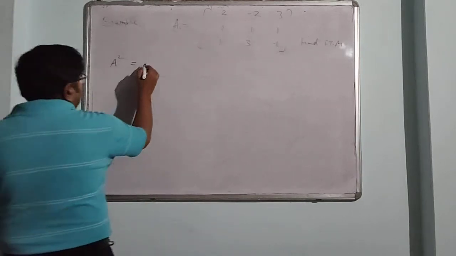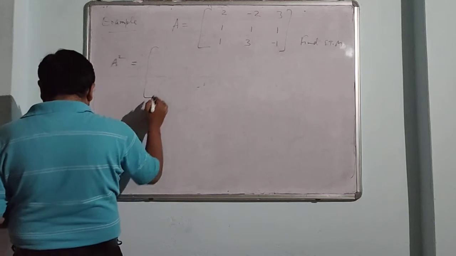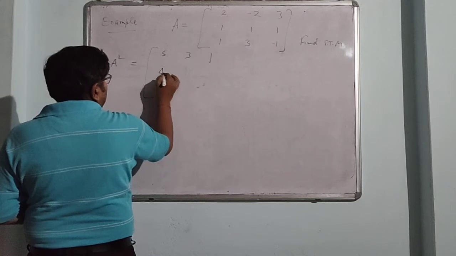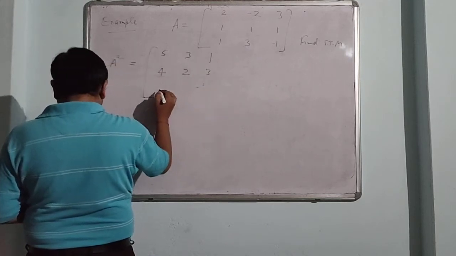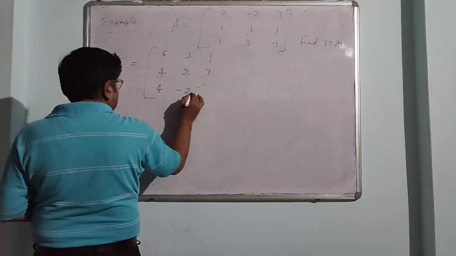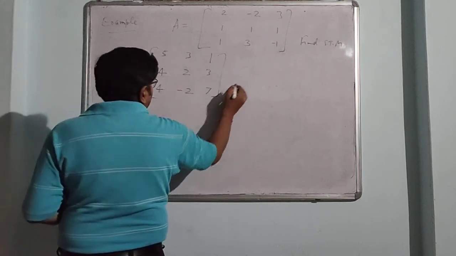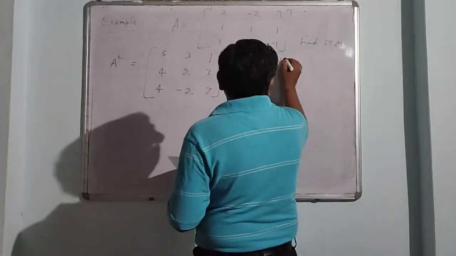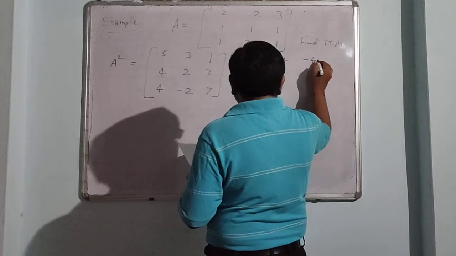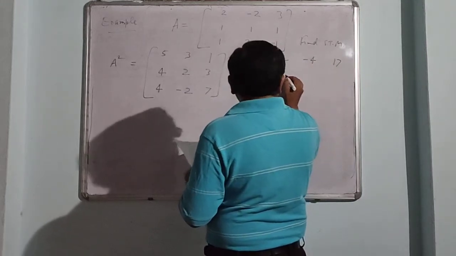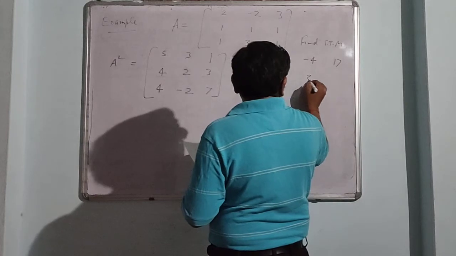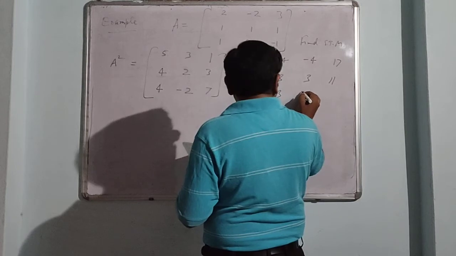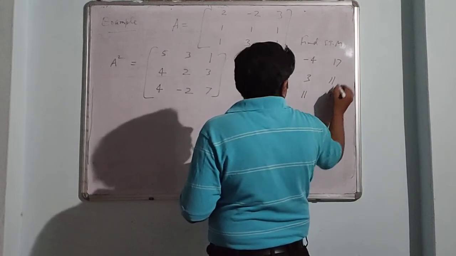When you will multiply this, you will get 5 3 1, 4 2 3, 4 minus 2 7, and A cube is 14 minus 4 17, 13 3 11, 13 11 3.